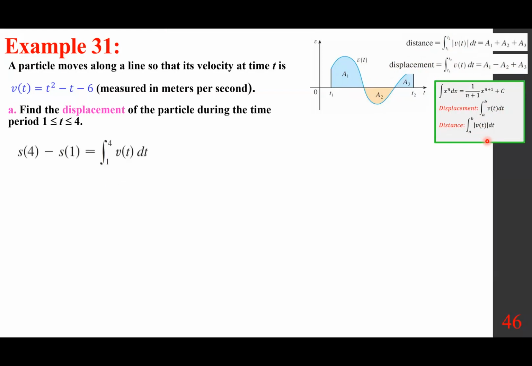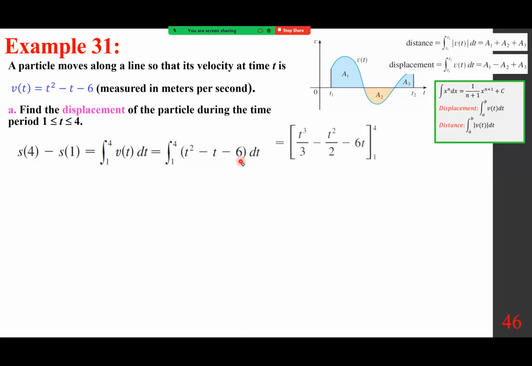We want this. We plug in. This gives us 1/3 t cubed. This gives us minus 1/2 t squared. This gives us minus 6t. I'm not going to put a constant, and I'm going to leave it for you to finish it.